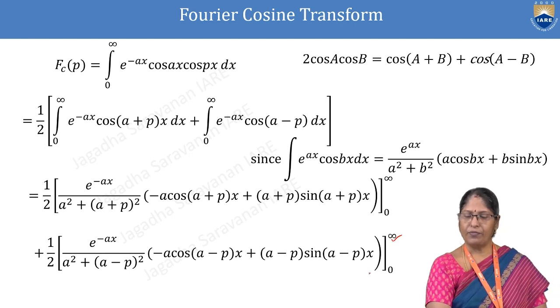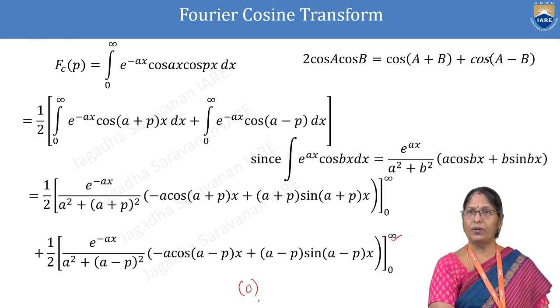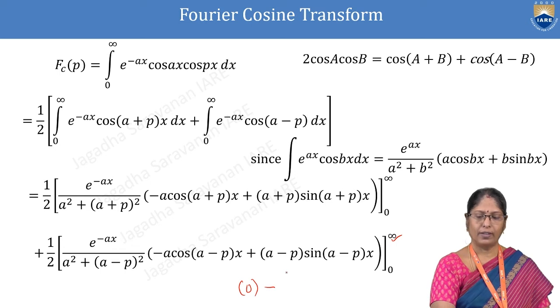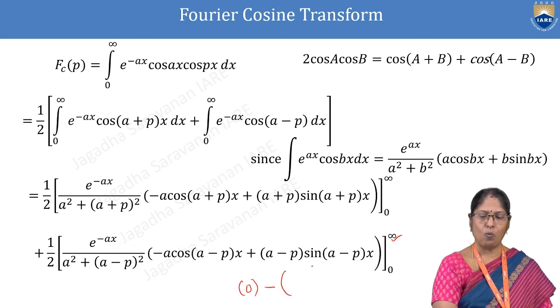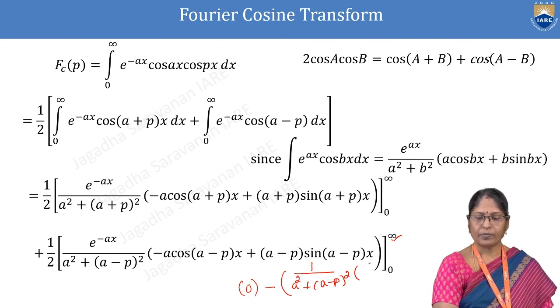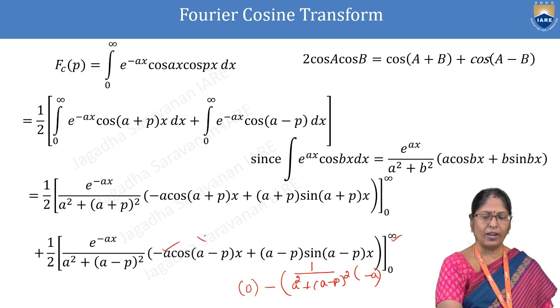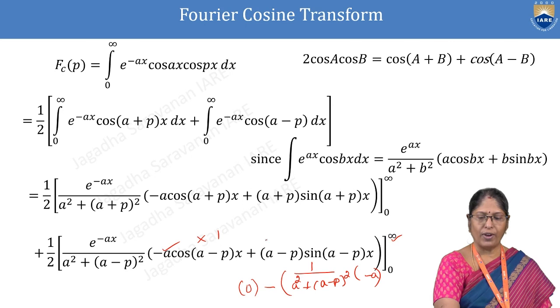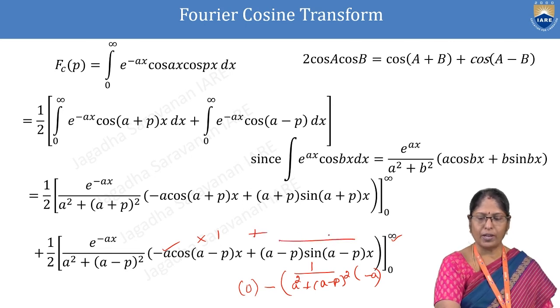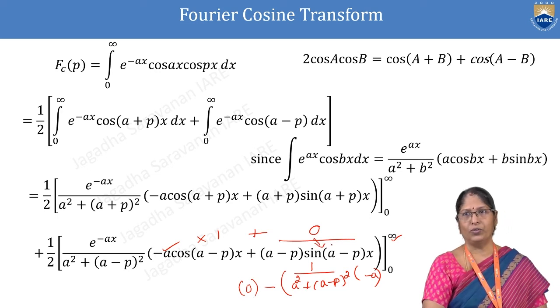Coming to the second integral, e power minus infinity, the upper one is 0. Formula minus, then e power 0, 1 by a square plus a minus p the whole square, here minus a, because minus a into cos 0, the value is 1, whereas this part is becoming 0 because sin 0, the value is 0.